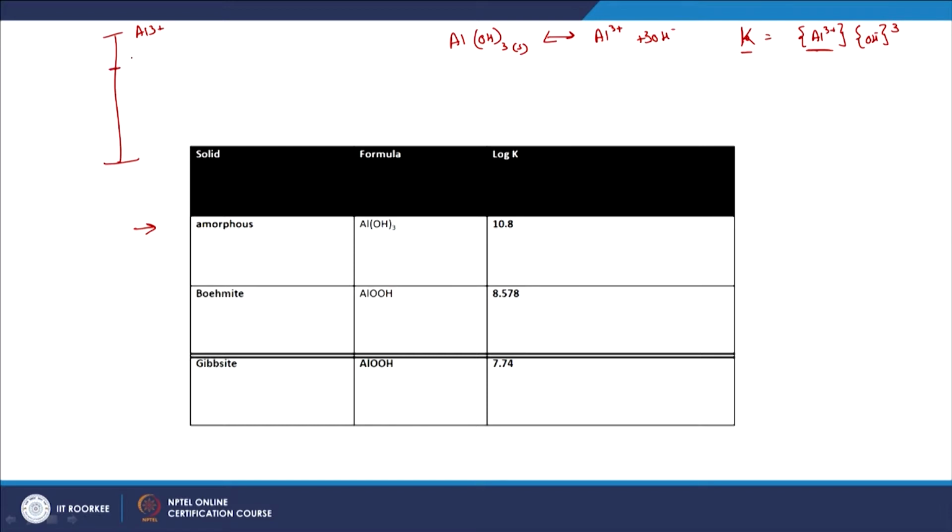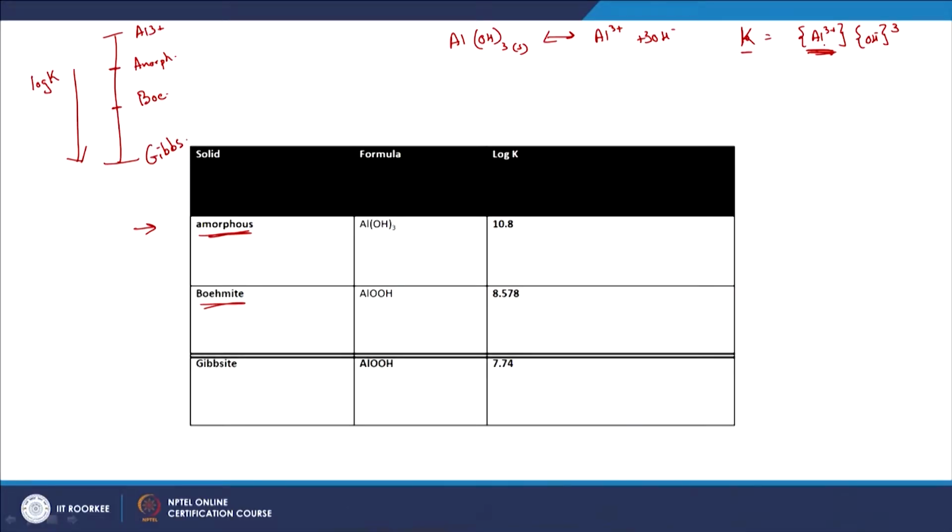The next possible form was the first solid that we formed, the amorphous form, and next we will form the relatively insoluble form of Al3+, that is Boehmite, right, and next we will see the Gibbsite, and obviously as you see, the log K value too is decreasing, right.